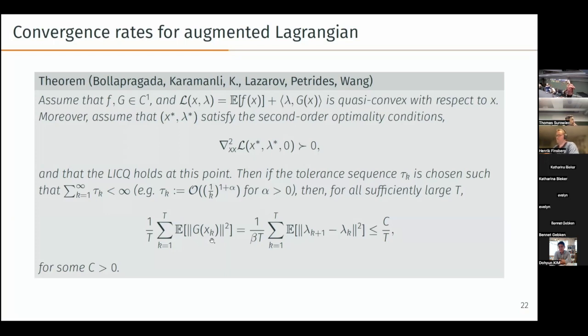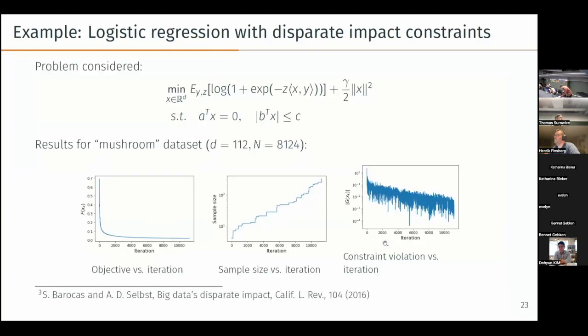So I'm neglecting the optimality error in this because we get control over that from the subproblems. We can solve the subproblems as accurately as possible. So that's already implicit. We already control that. The only thing we have to actually analyze is the feasibility error, and that will converge at some linear way.